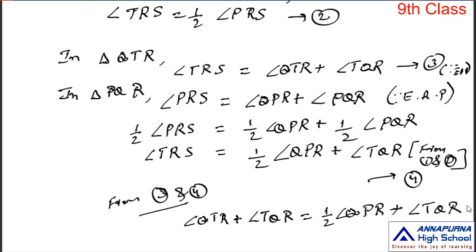In this condition, angle TQR and angle TQR are the same angles, so these two angles are cancelled. Therefore, angle QTR is equal to half into angle QPR. This is the condition.